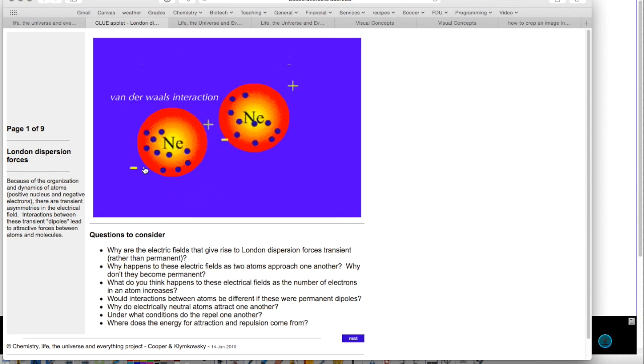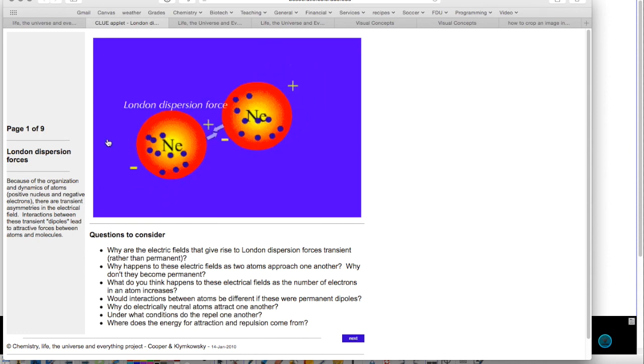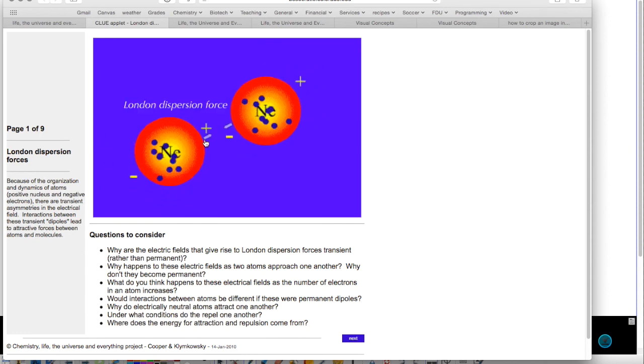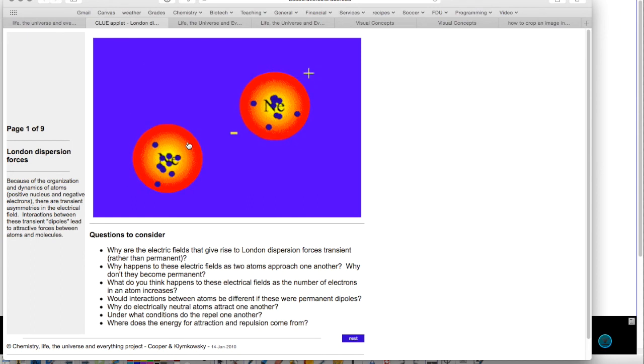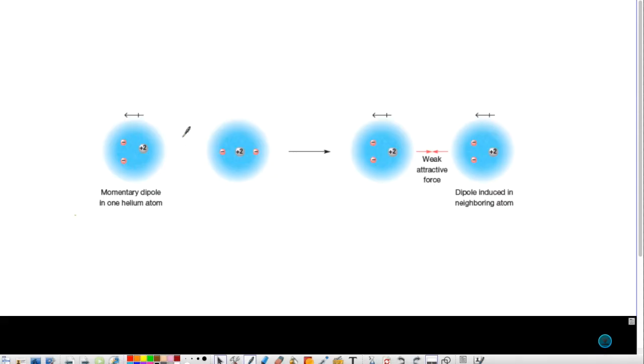And when they do that, you get a momentary negative end of an atom, and you get a momentary positive end of an atom. And if you do that, what you've done is you've created a momentary dipole. Okay, this is like an even weaker pseudo dipole.